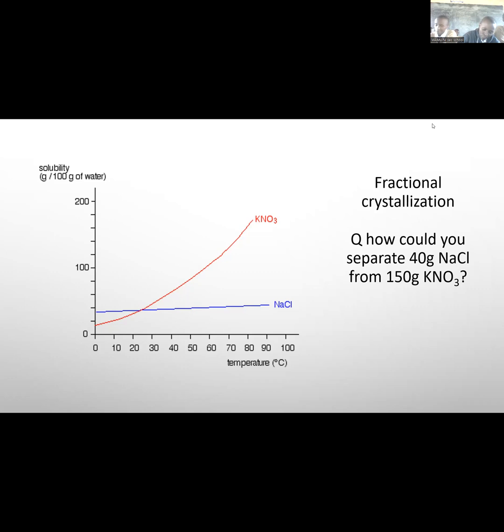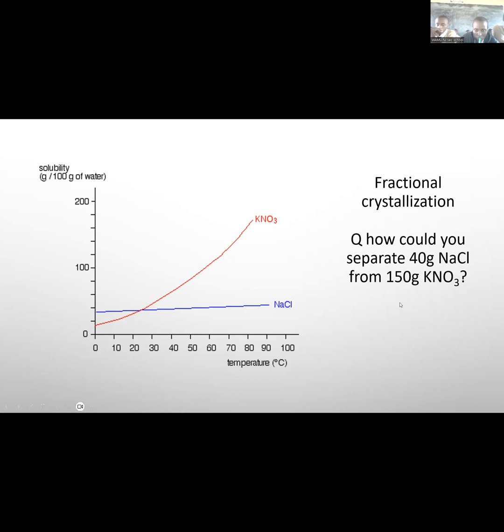Well, if you look at 150 grams of potassium nitrate, that's here, over on the left-hand side, and you look at the temperature at which it would dissolve, somewhere between 70 and 80. 40 grams of sodium chloride would dissolve at about the same sort of temperature.